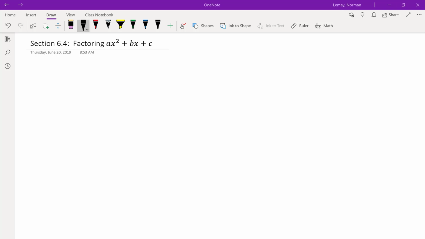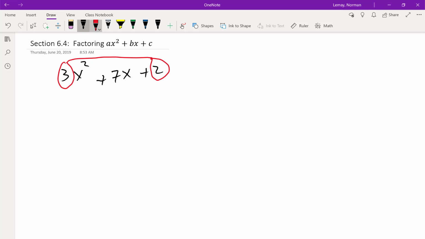And again, this particular method, we use this in general to factor polynomials. So let's just take a look at 3x squared plus 7x plus 2. Now, the AC method comes about because we are going to take the A coefficient 3 and multiply it by the C coefficient 2.